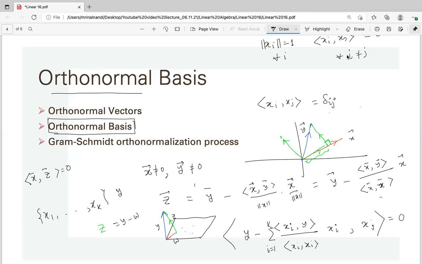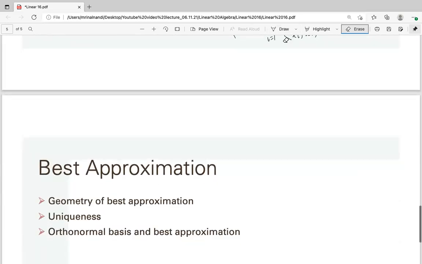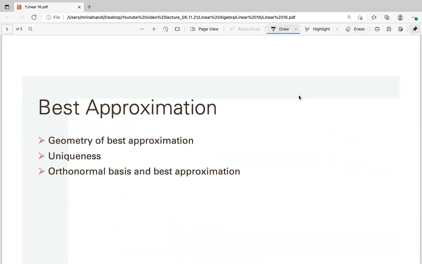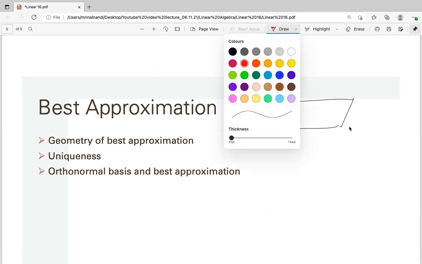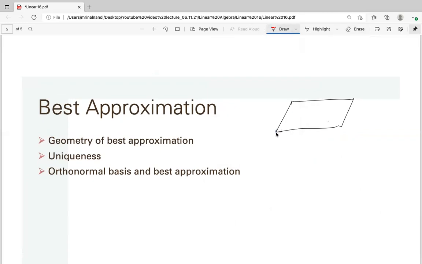So this is the basic idea, and this idea leads to another concept which is called the best approximation. Same thing. See, this idea gives a best approximation. So if you have a subspace here, maybe it is not R2, maybe it's R10, or maybe in general an abstract inner product space, and this red vector is not in the subspace.